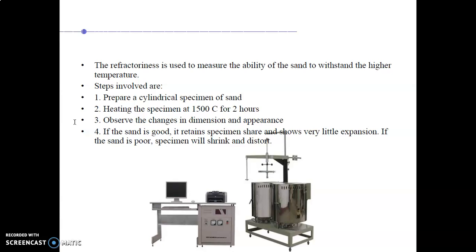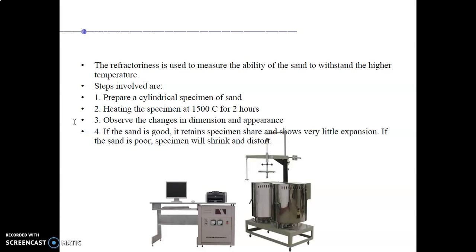Ultimately we are using molten metal in the casting process, so when we fill the high temperature liquid molten metal into the mold, the sand should withstand it. The sand must not be burned out at the high temperature.